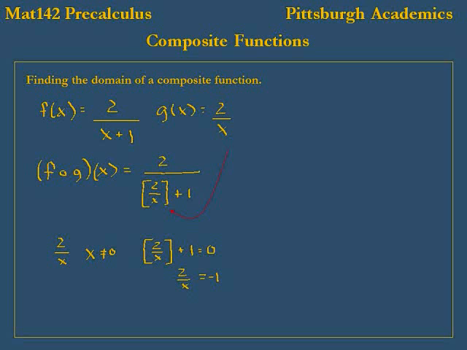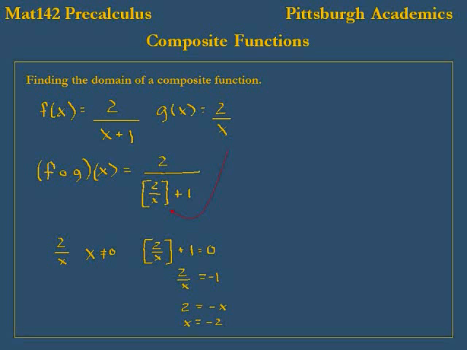And doing just normal algebra here, we're going to have first of all the negative 1 on the right side, and then 2 over x equals negative 1. That x is going to come over so that it'll be negative x equals 2. But that negative sign goes to the other side so that we get x equals negative 2.